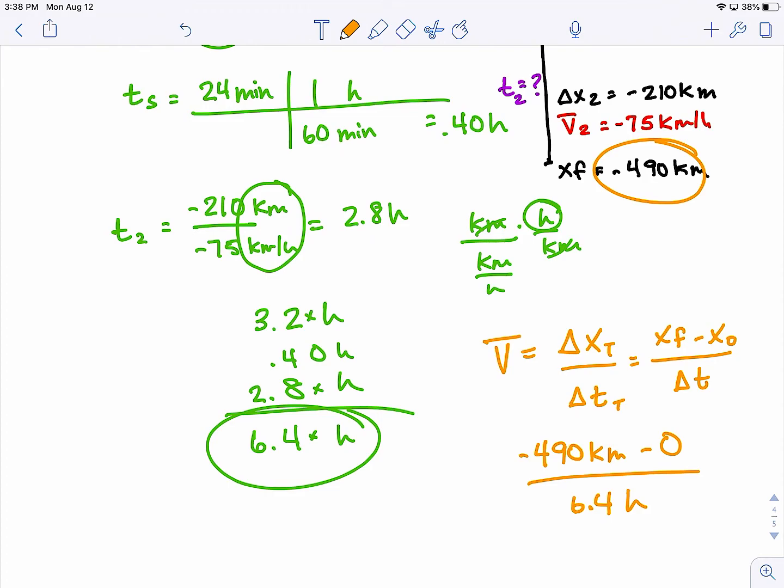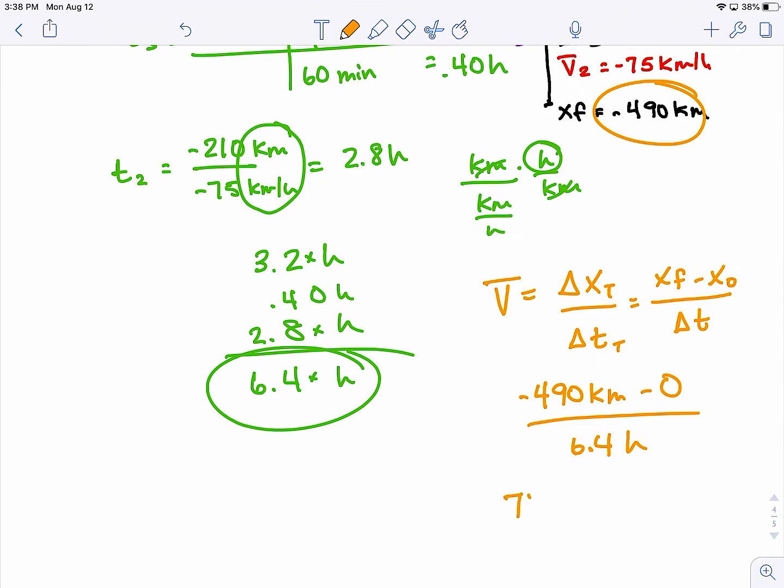And I want to say 77.56, but only 2 sig figs, 77 negative kilometers per hour, or you can do 77 kilometers per hour to the south, but you have to include direction because it's asking for the average velocity, which is a vector quantity.